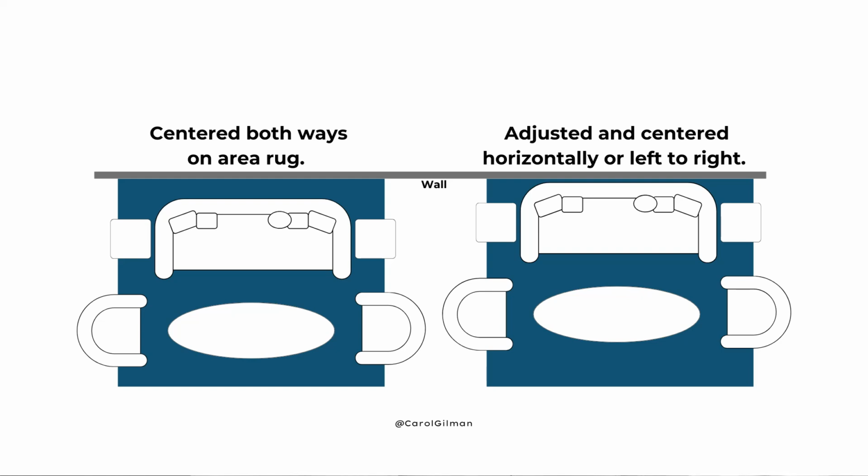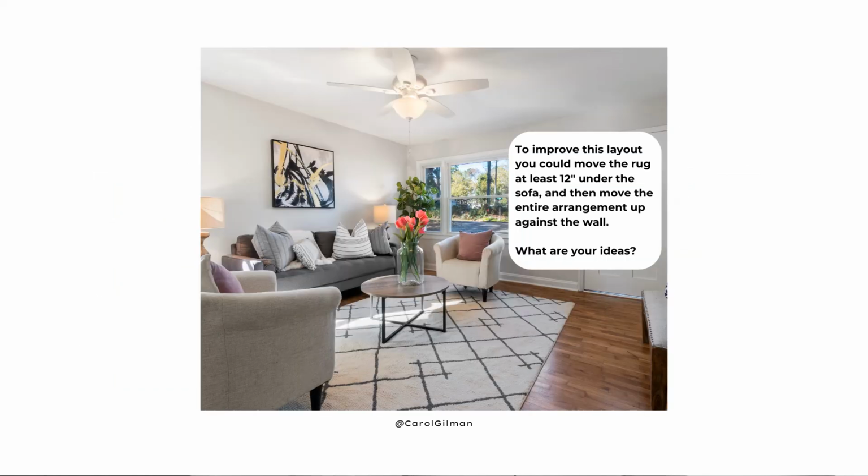I don't think ideally I would center that grouping of furniture on the area rug, because then there would be maybe a larger space behind the sofa, and it just really wouldn't make sense. So it really depends upon where you're going to place that area rug and what type of furniture you have in that grouping of furniture and how all that will make sense for your living room.